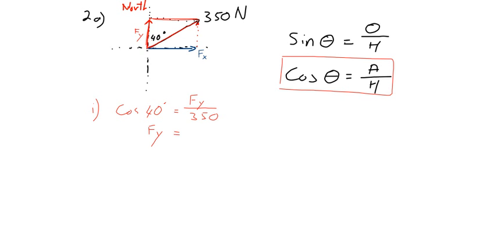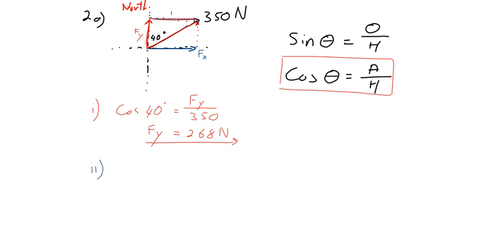Let me just quickly confirm that. So cos 40 times 350 gives me 268 Newton. Right, so using trigonometry for I, and I'm going to do it in the blue so it corresponds to my picture. Now if that's my blue, then this is going to be that side, so that's the blue.